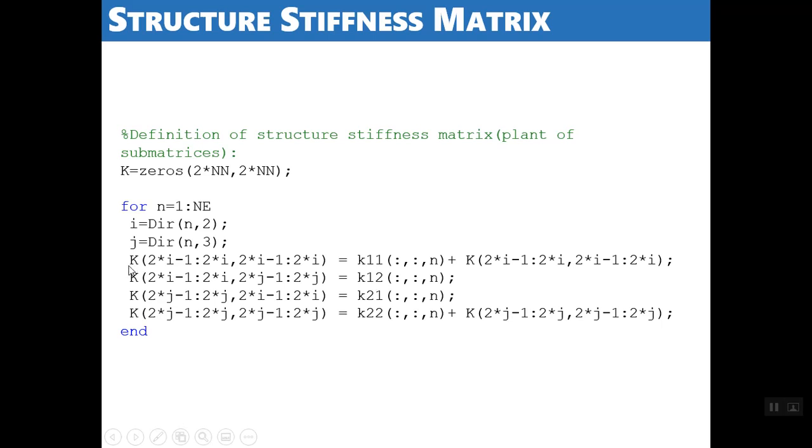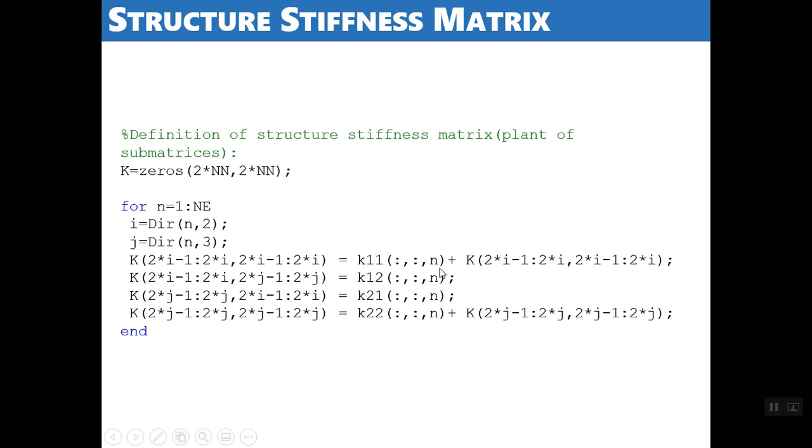You will be able to understand the left hand side only when you calculate, after inputting the value of i and value of j, which portion of the stiffness matrix is being considered, and K11 from that element number n is being added into the previous value, not replacing it.